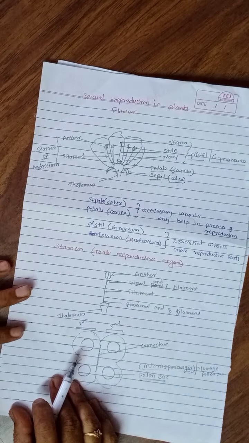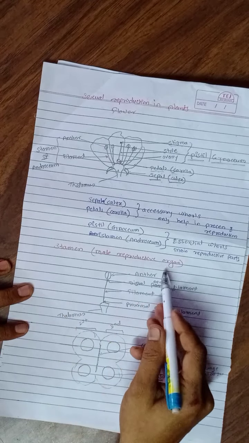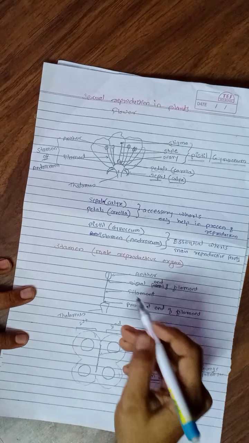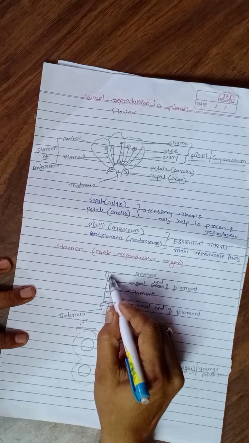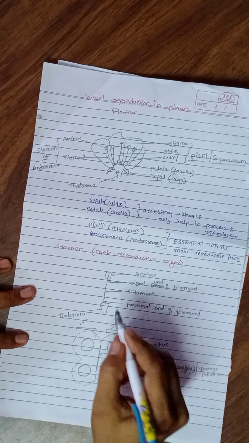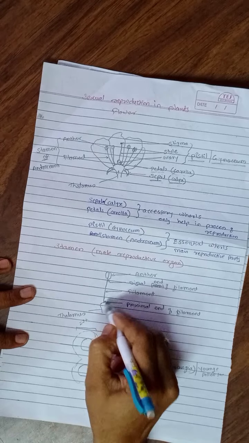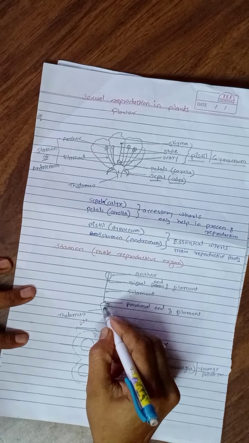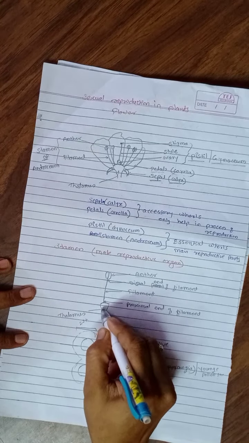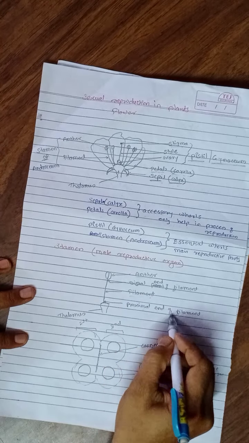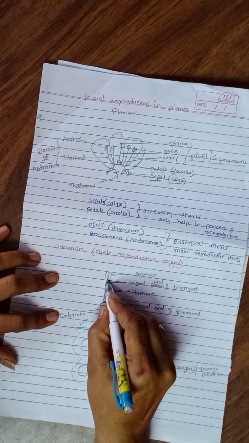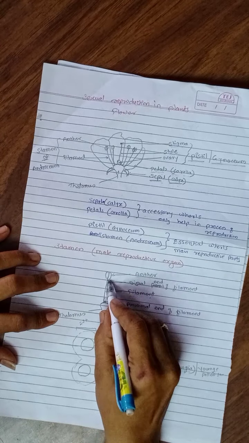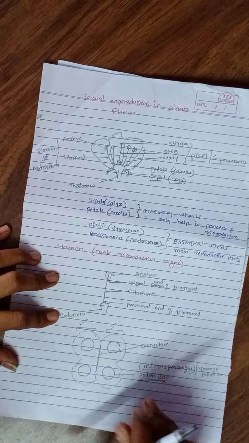Then we first see the stamen, that is the male reproductive organ. It consists of 2 parts: the swollen, 2-lobed part is known as the anther, and this long slender filament. The part of the filament which is attached to the thalamus is known as the proximal end of the filament, and the part which is attached to the anther is known as the distal end of the filament.